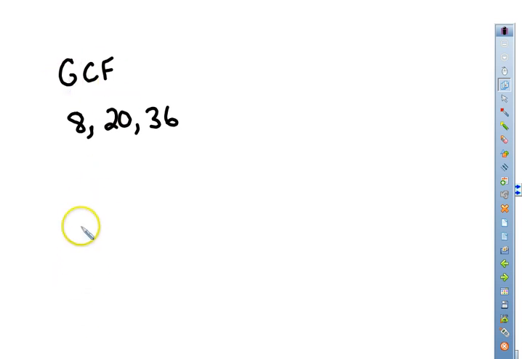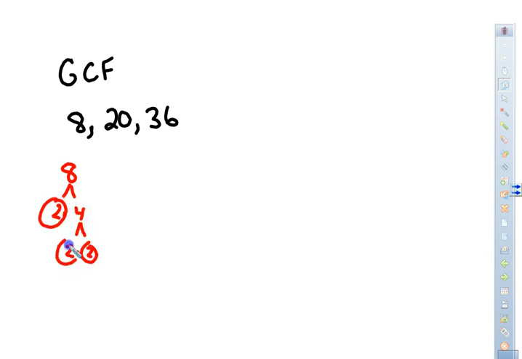So for the GCF, the greatest common factor, again, the best way is to list your factors, or you can simply do the prime factorization of each. I like to use prime factorization, which is 2 times 4, and then 2 times 2.